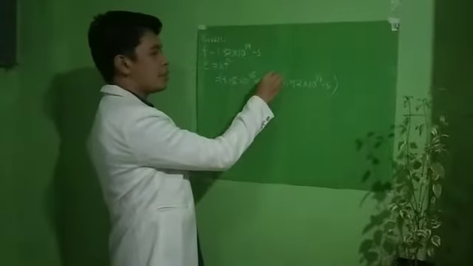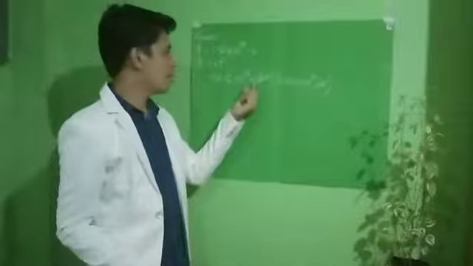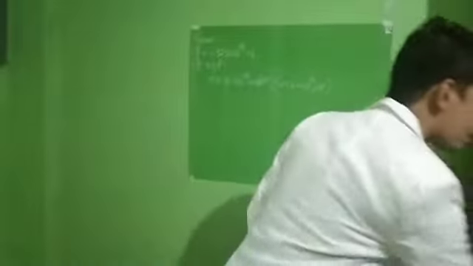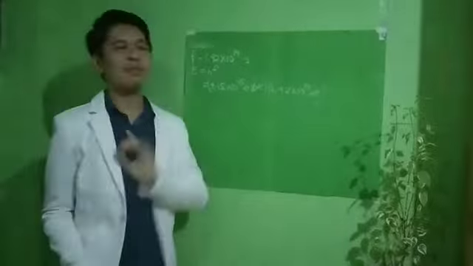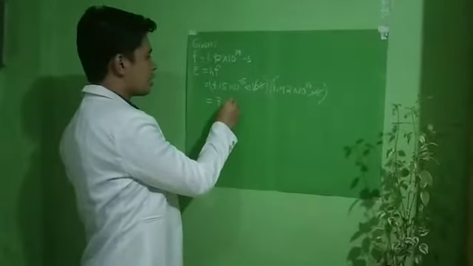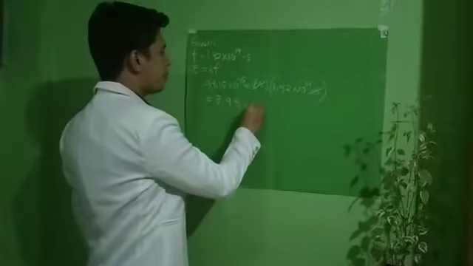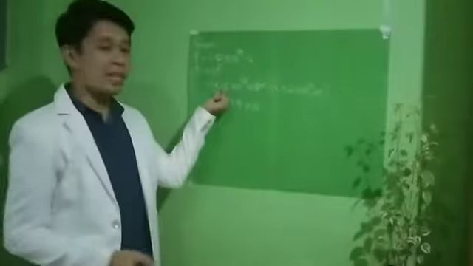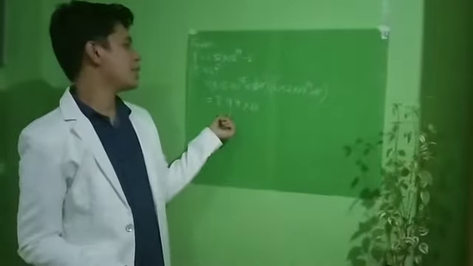We cancel per second, so what remains is electron volts. 4.15 times 1.92 is 7.97, times 10.